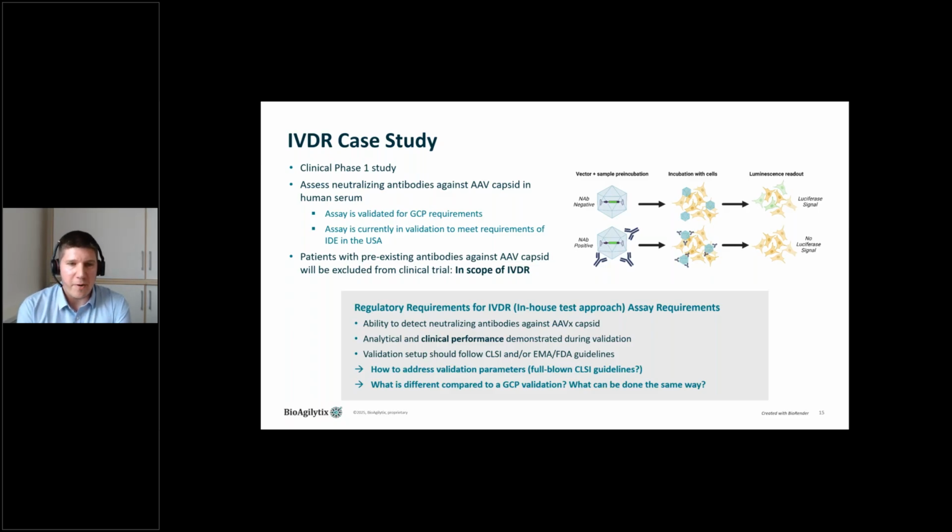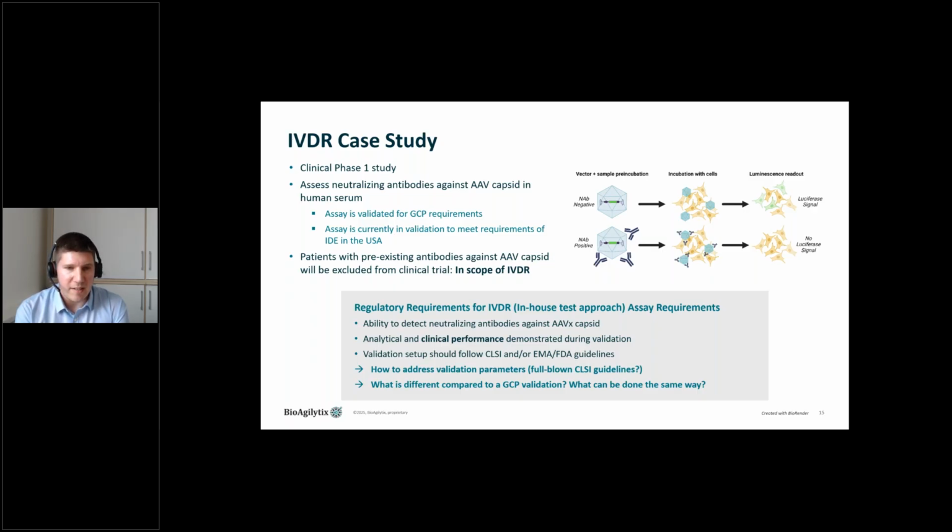So this is a typical scenario we are facing in the discussions with our clients, that there is a clinical phase 1 study where the scope of the project is to assess neutralizing antibodies to an AAV capsid.